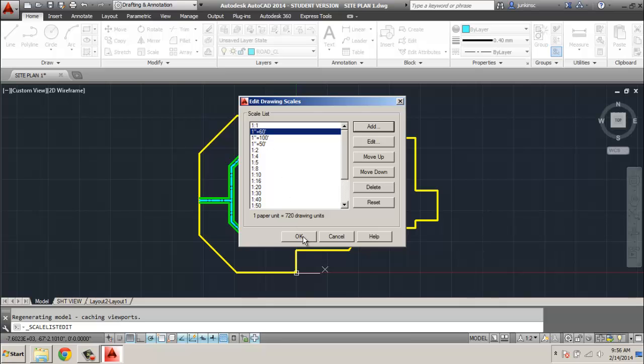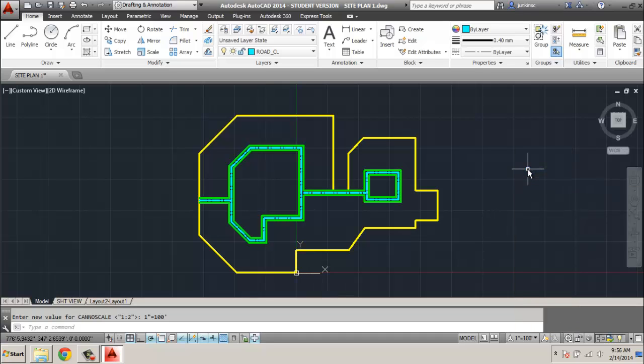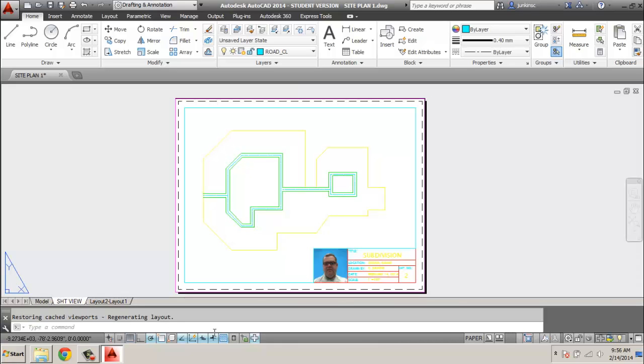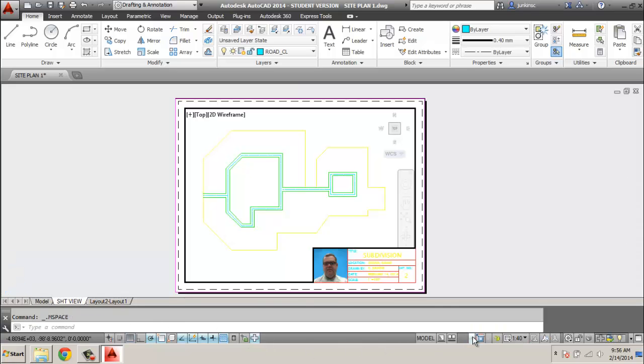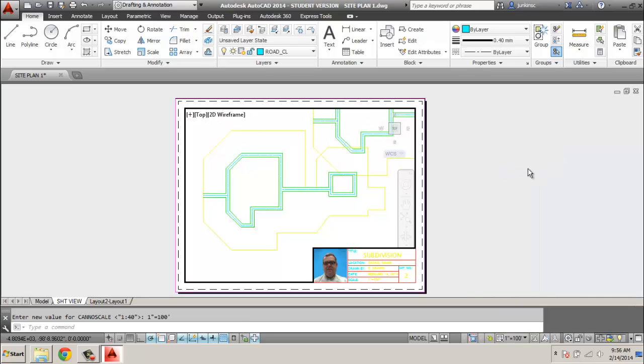And if I say okay, my annotation scale I want to say now is 1 inch equals 100 feet. So if we move to our sheet view layout and I come here, I can say I want my scale to be 1 inch equals 100 feet.